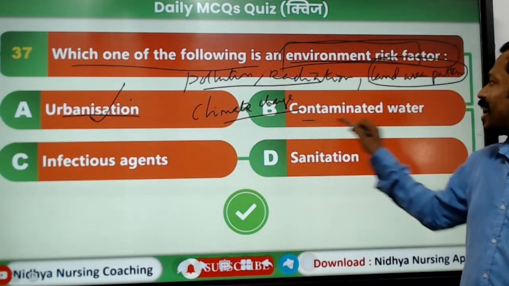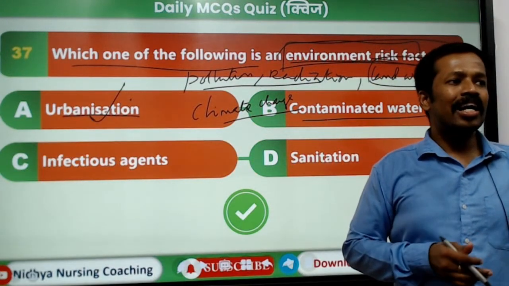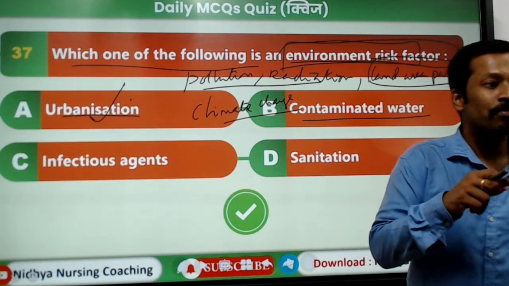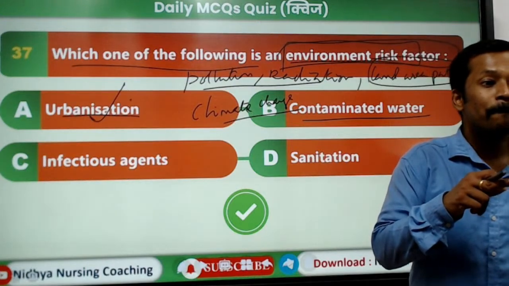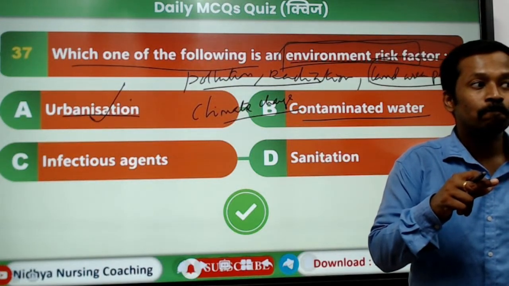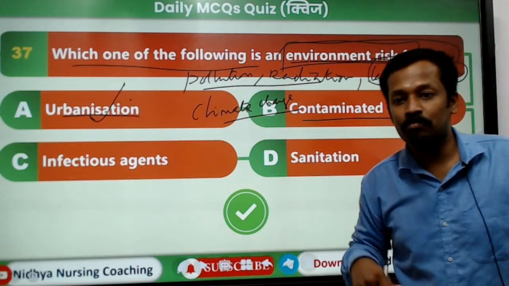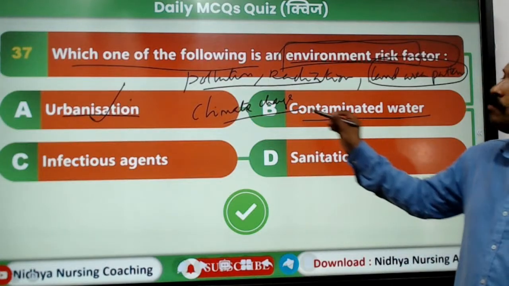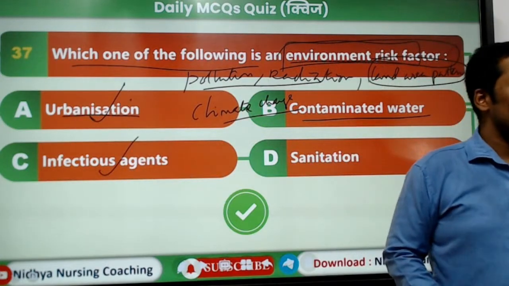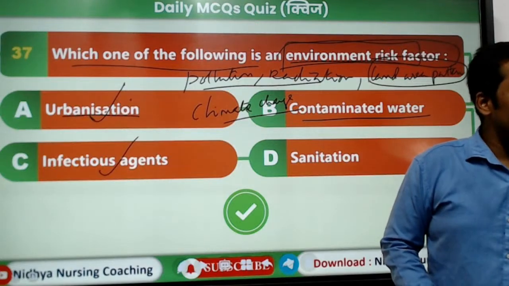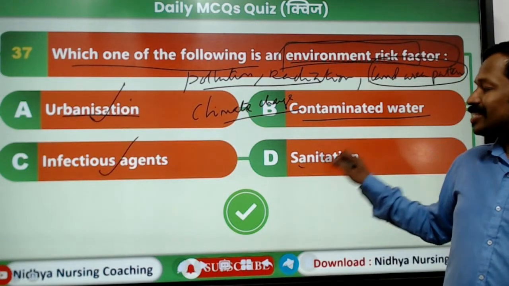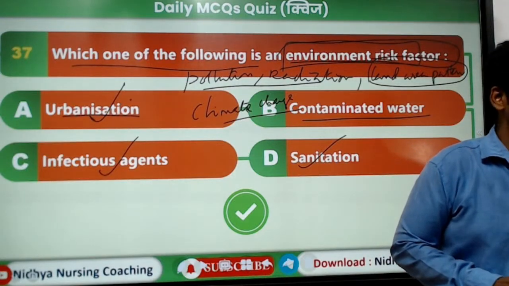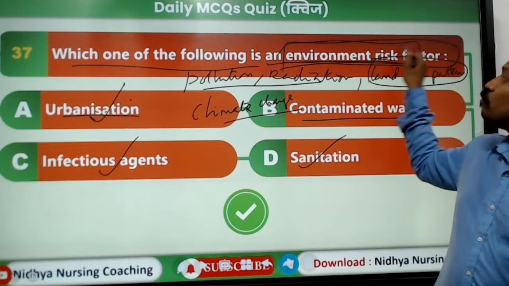Next one, contaminated water. Contaminated water is not an environmental factor. It is a community or man-made factor. Next one, infectious agents. It is also not environmental. And sanitation, that is also man-made or community. That doesn't come under environmental risk factors.